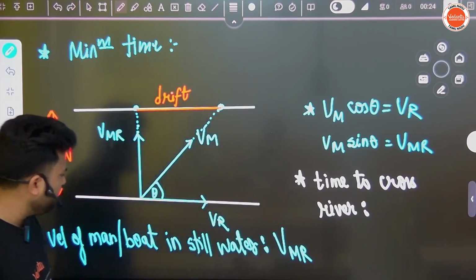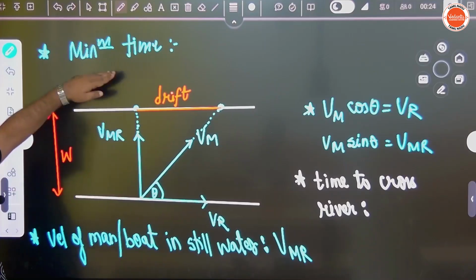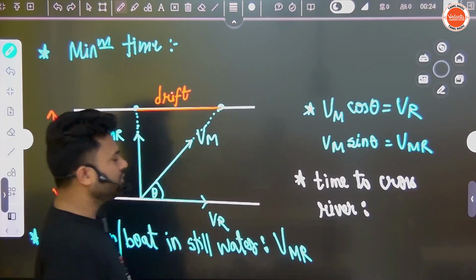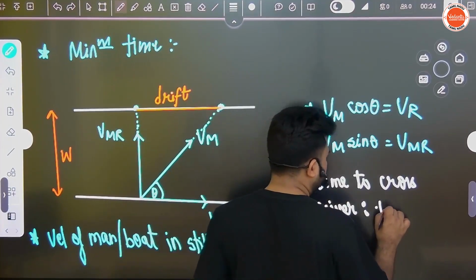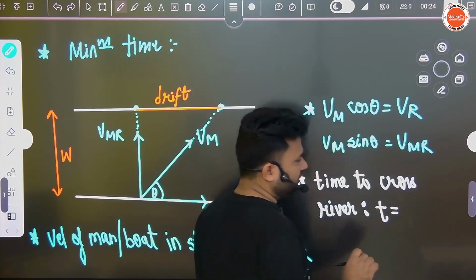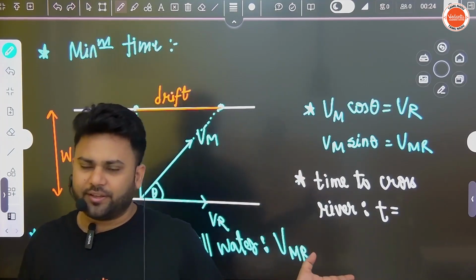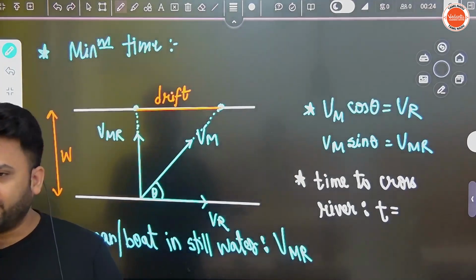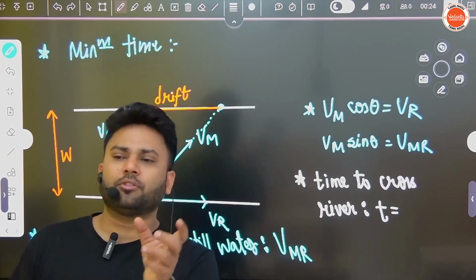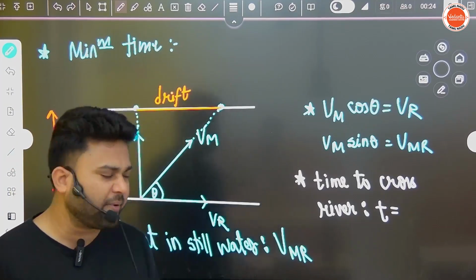So crossing the river means going from this side to this side, means we are concerned about y direction. So time, can I write time equals to, see, there is no acceleration and all in this case. So speed equals to distance by time. Time equals to distance by speed.